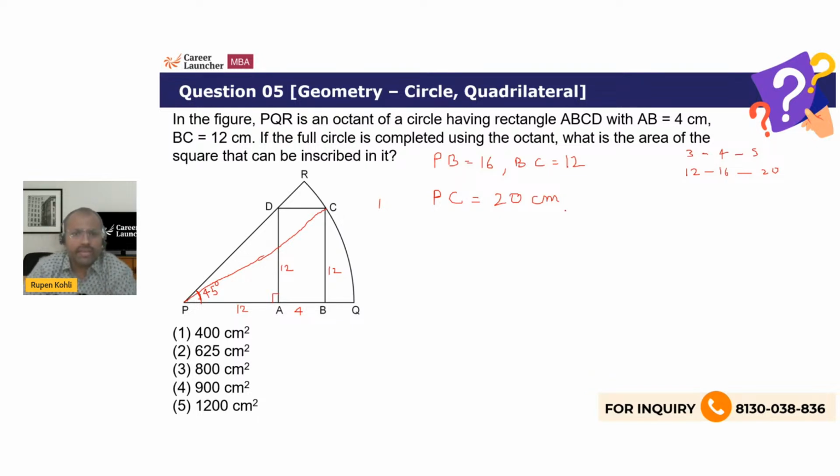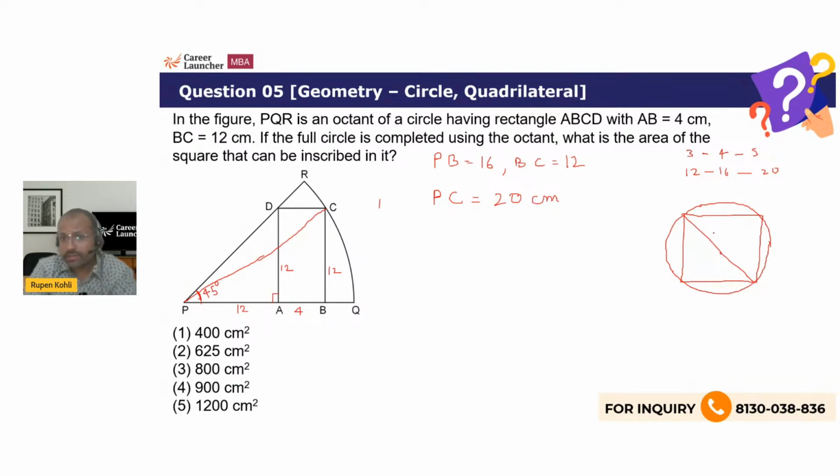Okay, so now we can actually come to the question, which is not just asking the radius, but going a step further. If the full circle is completed using the octant, what is the area of the square that can be inscribed in it? So now you have to decode the relation between the radius of a circle and the side of a square inscribed in it. So if r is the radius of any circle, then for the square inscribed in it, its diagonal is equal to the diameter of the circle.